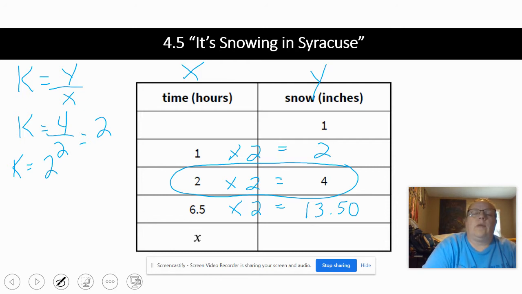And so if I wish to do that, going this direction from right to left, what do I multiply by 2 to get 1? That would be the same thing as doing 1 divided by 2. And so you'll notice that 1/2 times 2 indeed does equal 1.